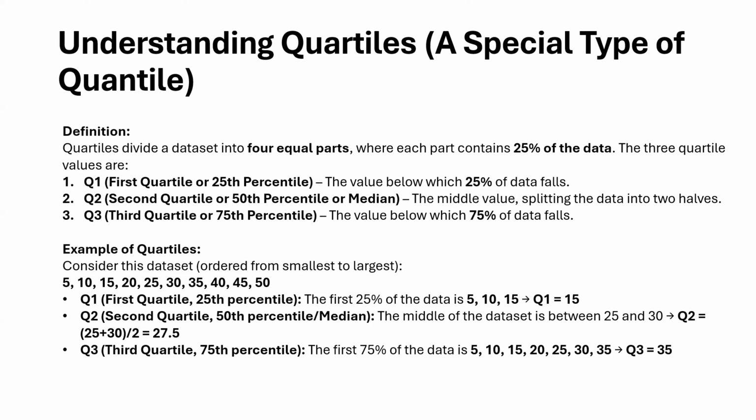So these methods of calculation help us to identify the extreme values. It basically gives you the picture about your data as well, like what kind of values are there, right?